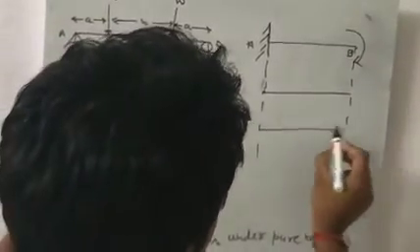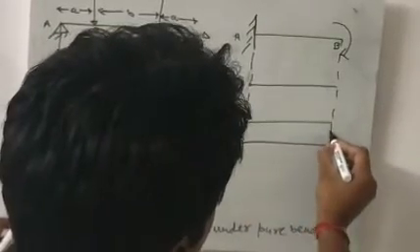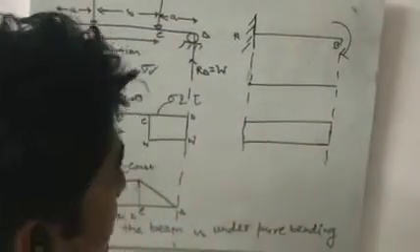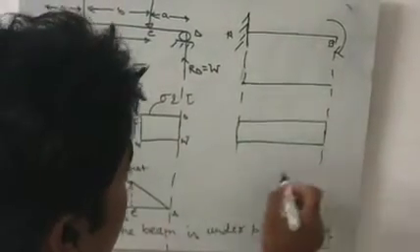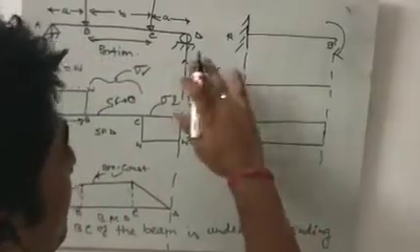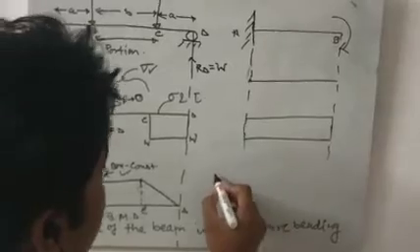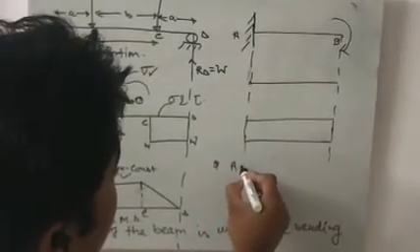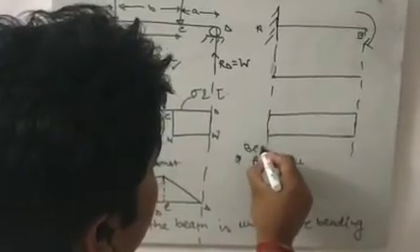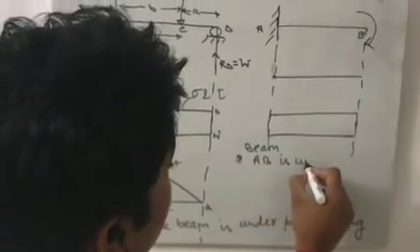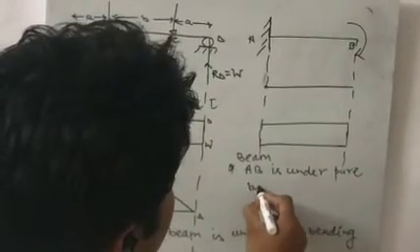And if we draw a bending moment diagram, it will be like this. There will be a constant bending moment throughout its span. Then we will say that the whole beam is under a state of pure bending. Right? For this case, beam AB is under pure bending.